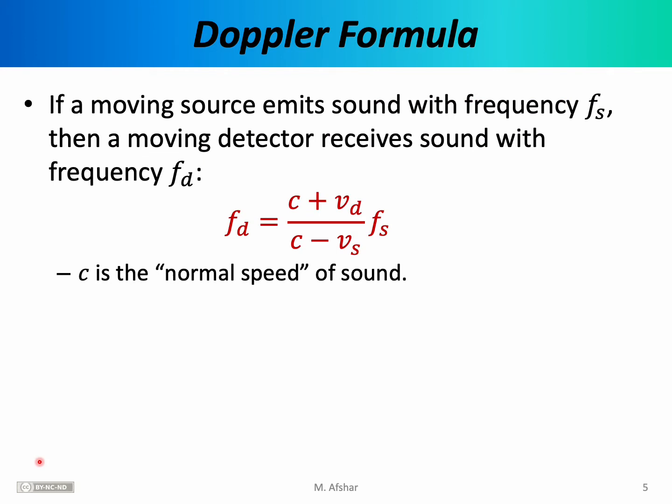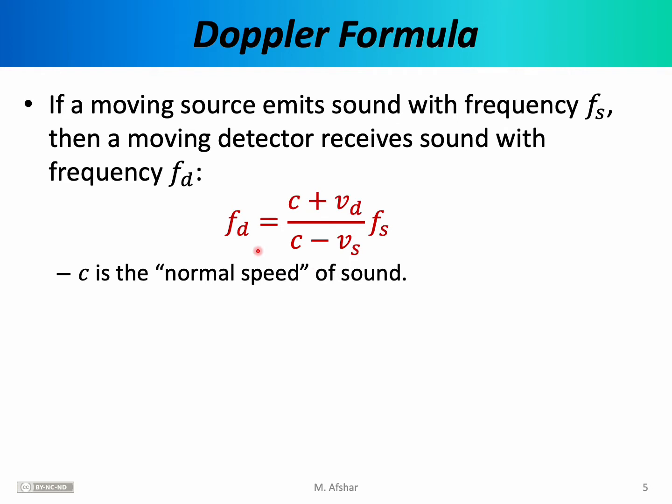To make our discussion of the Doppler effect more precise, we need the Doppler formula. If a moving source emits sound with a frequency f sub s, then a moving detector receives sound with frequency f sub d, where f sub d and f sub s are related by the Doppler formula.